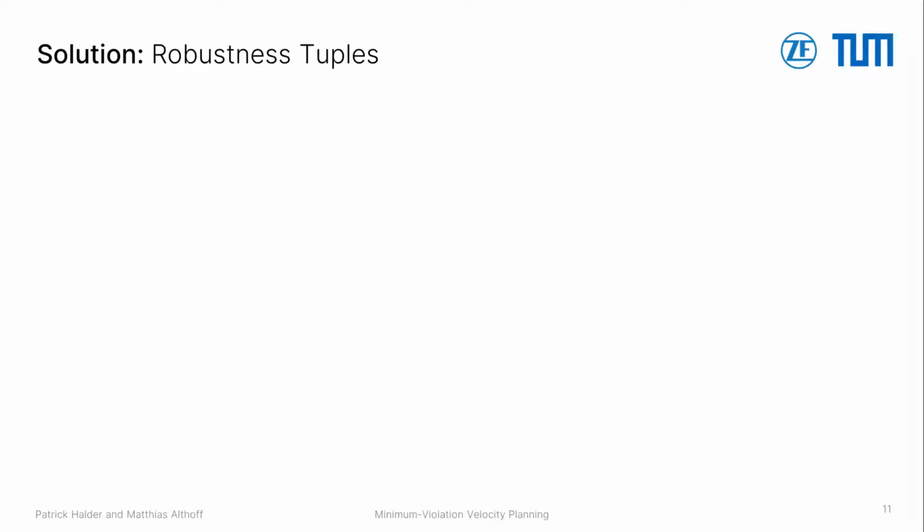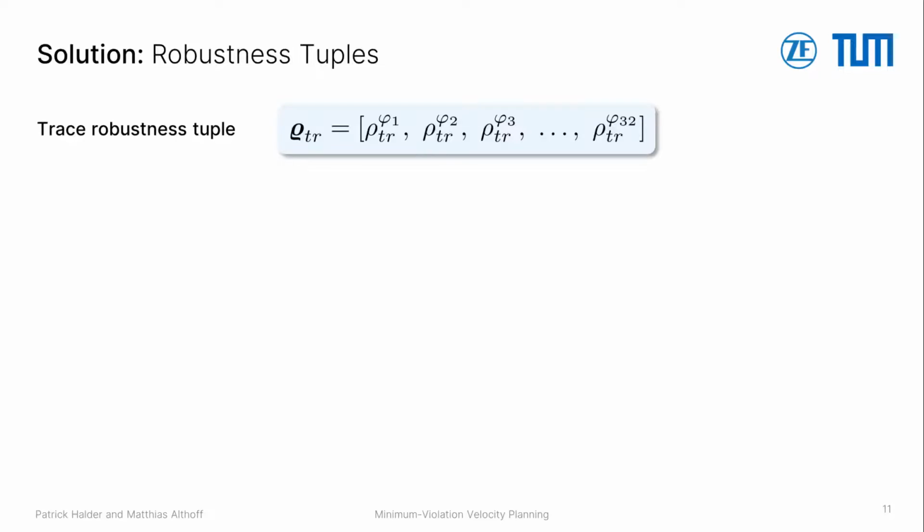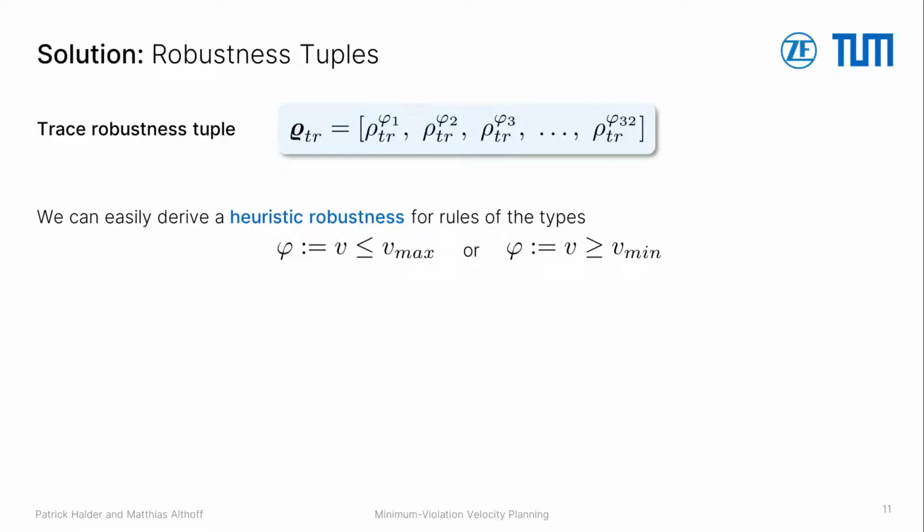Let us have a closer look at the mentioned robustness tuples. Each trace in the lattice corresponds to a robustness tuple which contains the 32 robustness values for our 32 STL rules. Additionally, we can easily define a heuristic robustness for simple rules which have the form that is presented here.